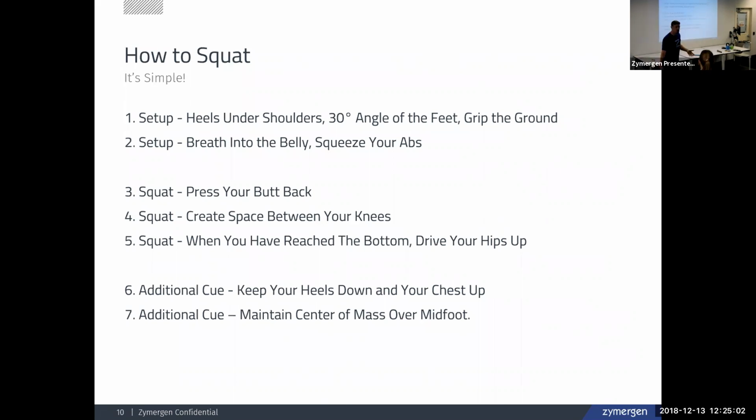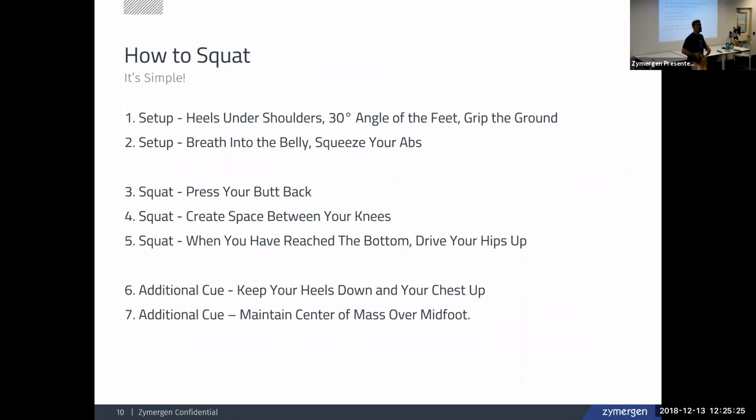Get your heels under your shoulders. So these are your shoulders. Heels shoulder width. Breathe into your belly. I'm sorry. So 30-degree angle of your feet. And I want you to feel like you're gripping the ground with your big toes.